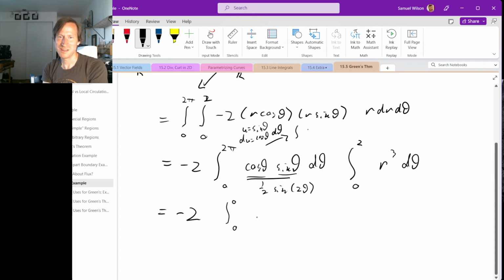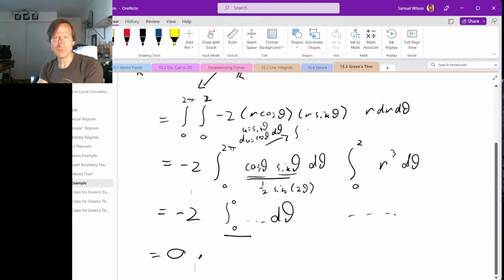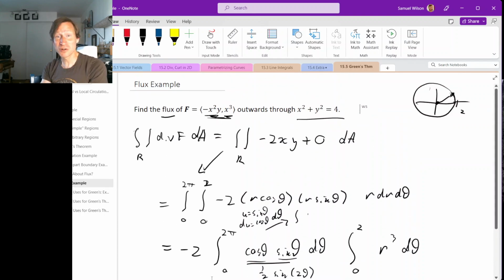So we actually don't need to work out anything else because this integral is going to be 0. So we get 0. Which, yeah, that makes sense, because if we had used the trig identity way, this integral would have turned out to be 0 as well. So I believe it. We get 0. So this integral was much easier than the big messy integral with large powers of sine and cosine. So using the flux version of Green's theorem saved us a lot of work here.